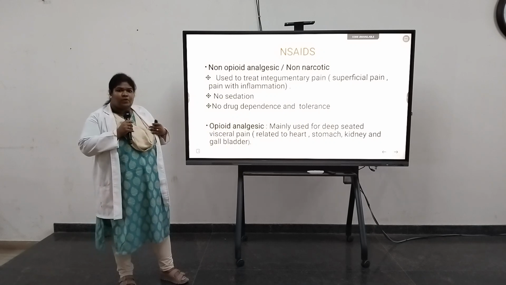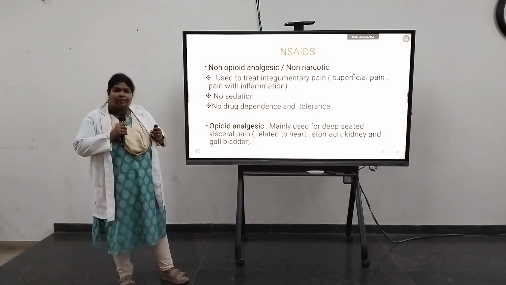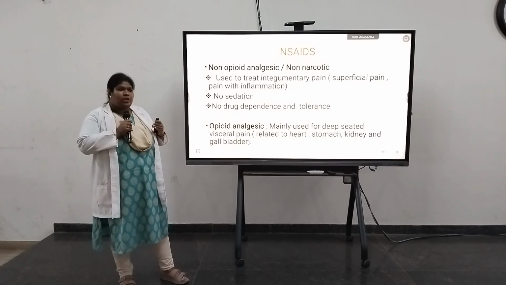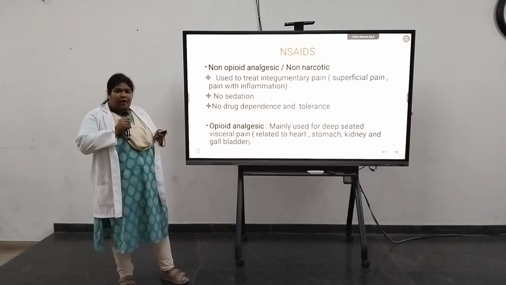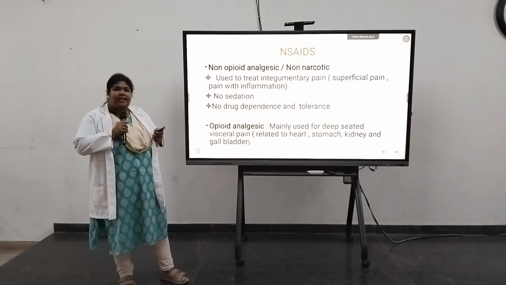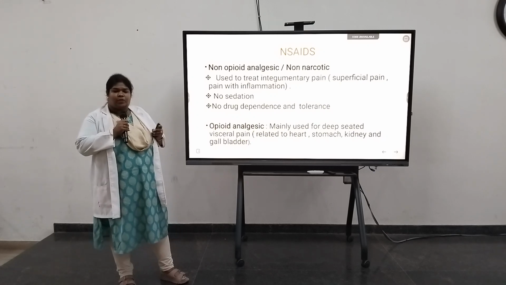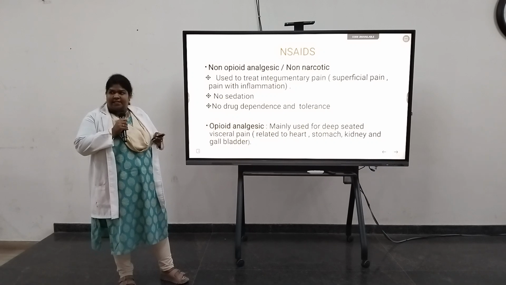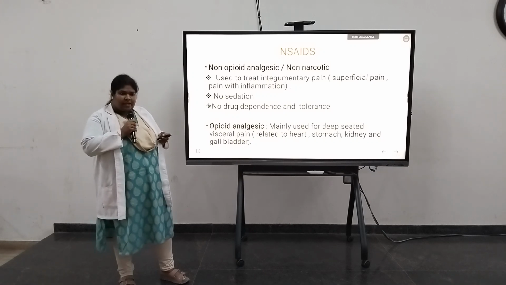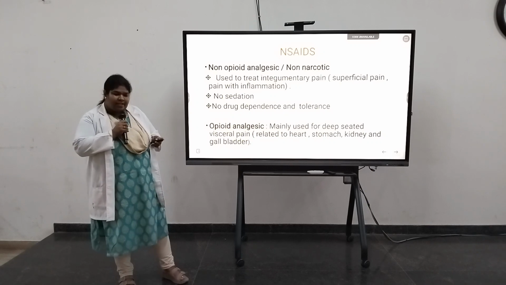If a patient presents with myocardial infarction, paracetamol will not be effective because it is a non-opioid analgesic. Non-opioid analgesics do not produce sedation like opioid analgesics, which act centrally in the brain. With long-term use, they also do not cause tolerance and dependence.